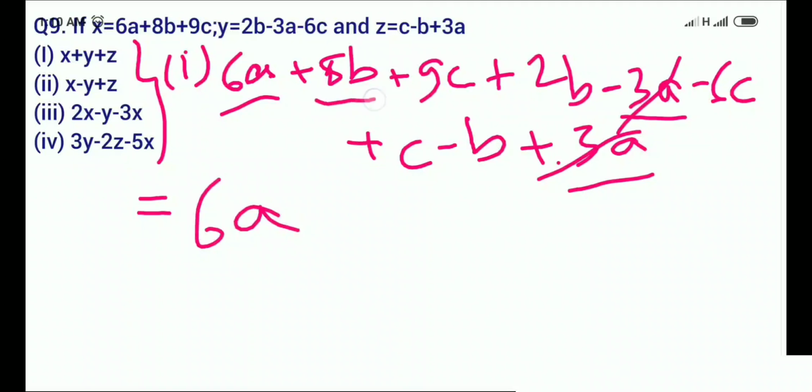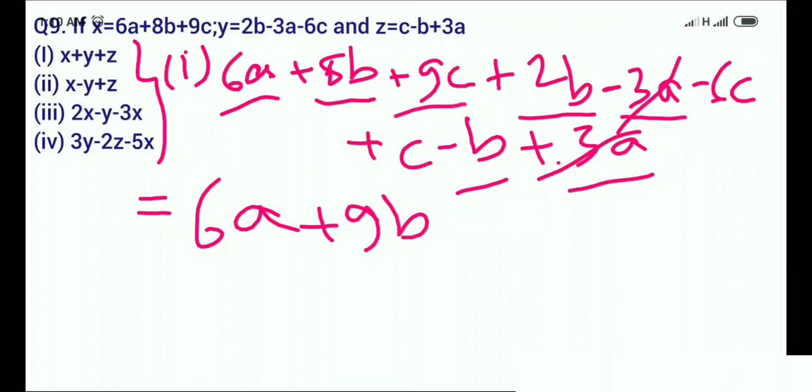Then comes 8b plus 2b, 10b minus b, therefore 9b. Plus 9c and plus 1c, 10c, 10c minus 6c will be equal to 4c.